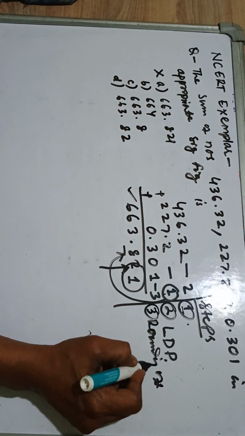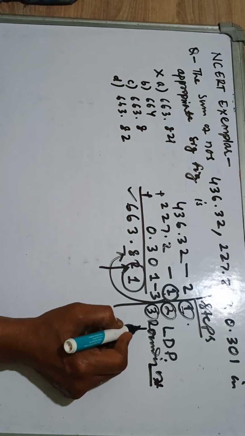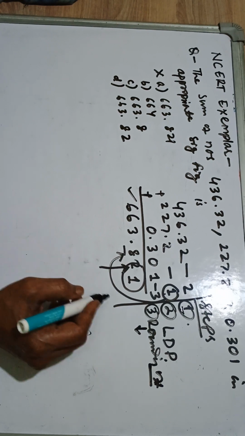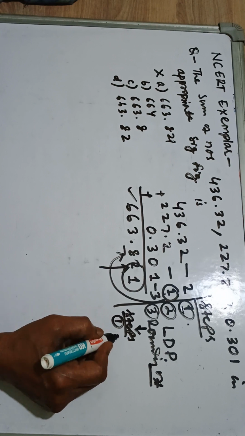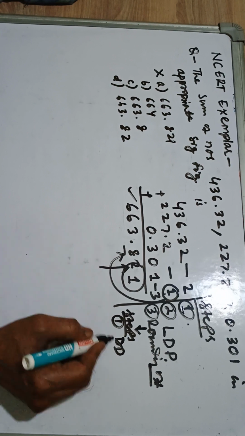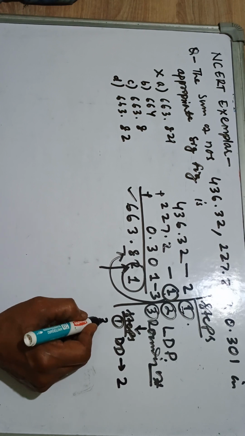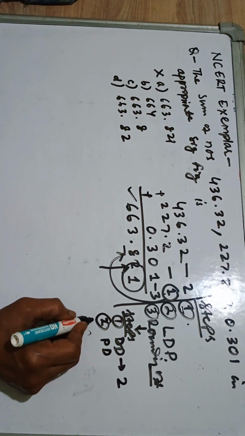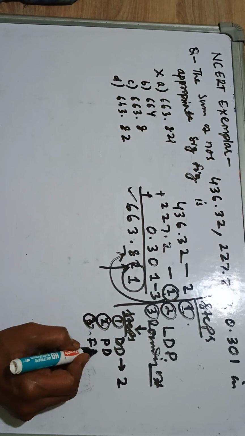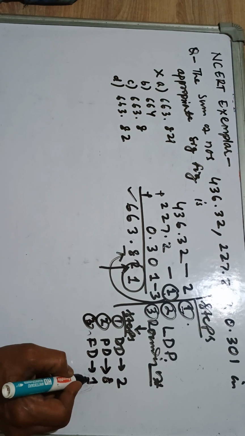Rounding off of the algebraic result. In rounding off, we have to follow the steps. Step 1 says identify the drop digit. Here the drop digit is 2. The next step says find PD, and the next, find FD. Here PD is 8, FD is 1.